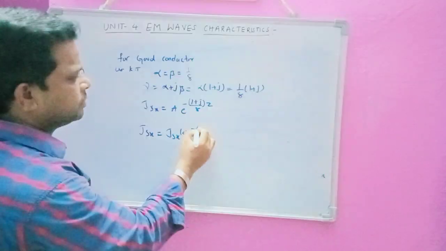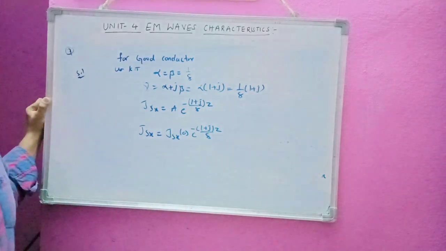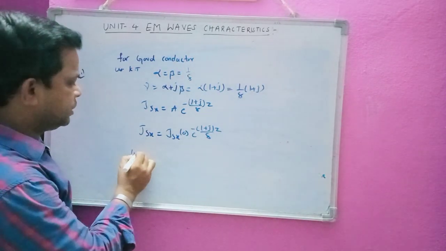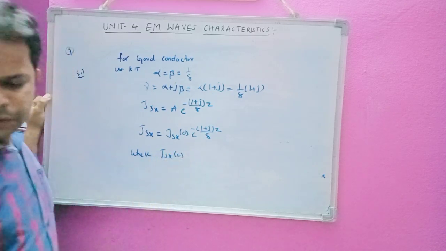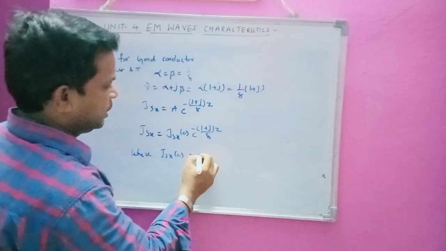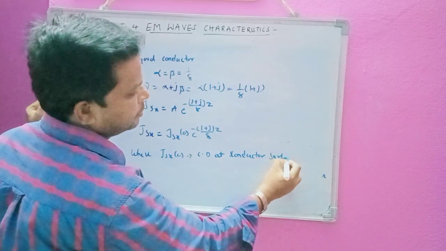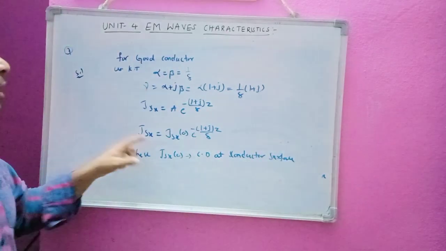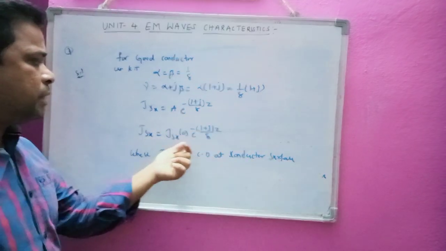Here Jsx of 0 is the current density at the conductor surface. So this is the final answer, the current density, which is what is being asked.